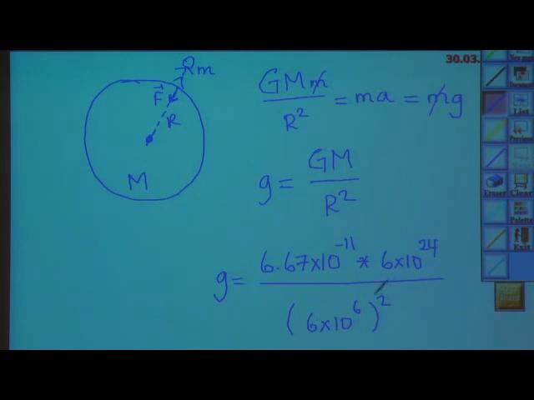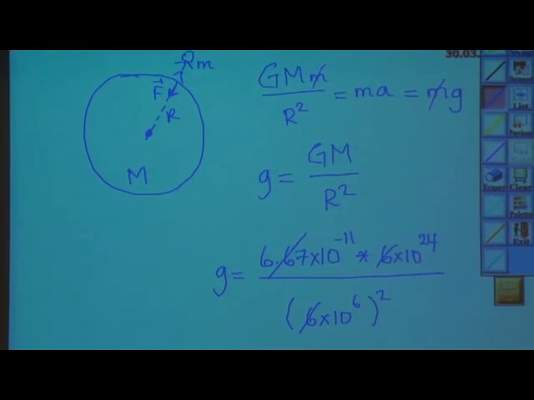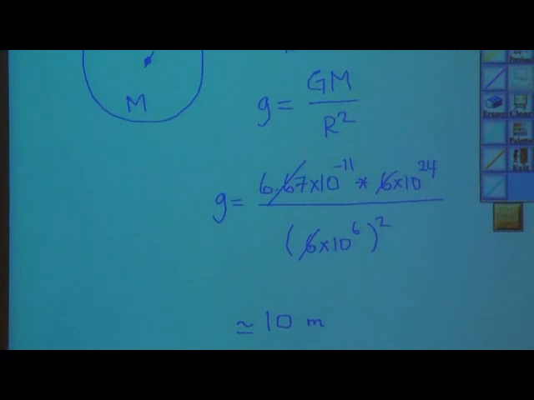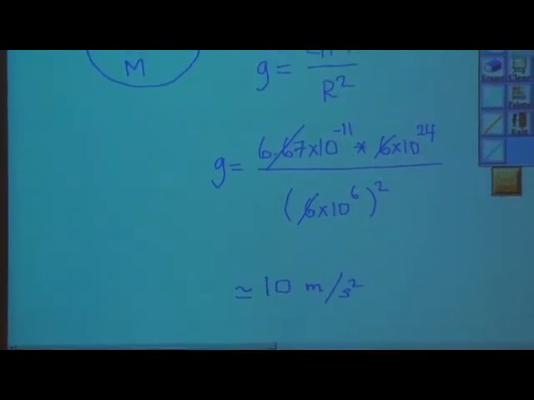So it's 6 squared; 6, 6, they all cancel. 11, 24, 13 over 12, which is, not surprisingly, about 10 meters per second squared.